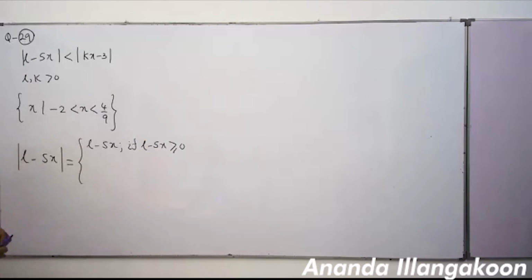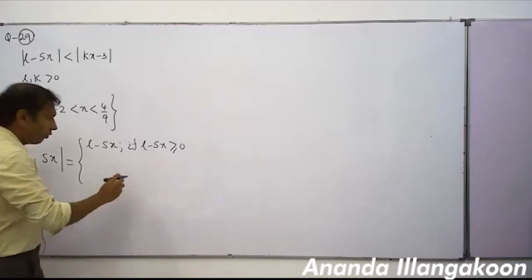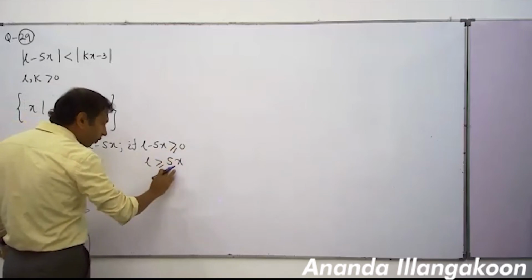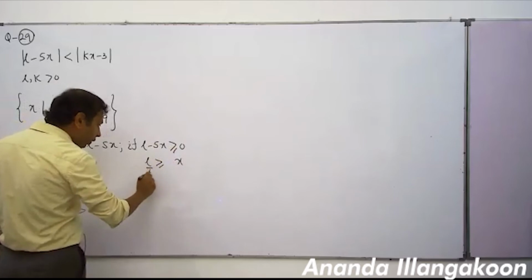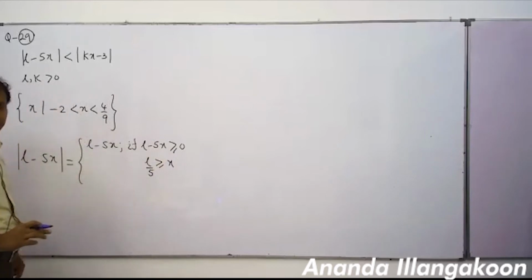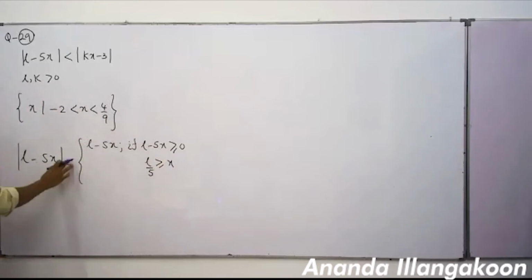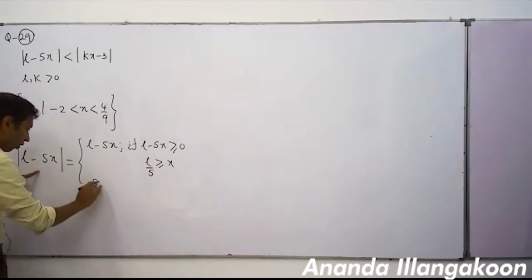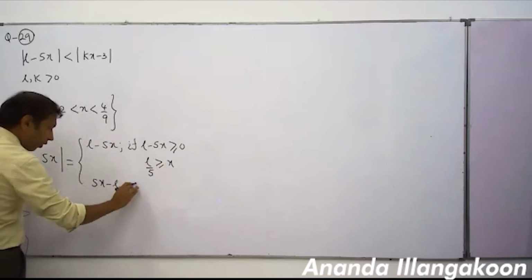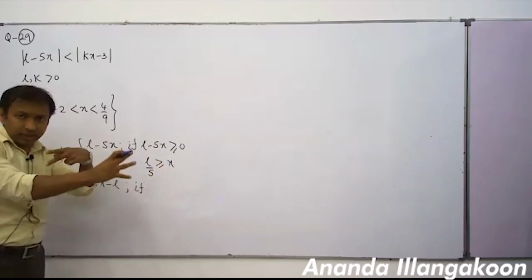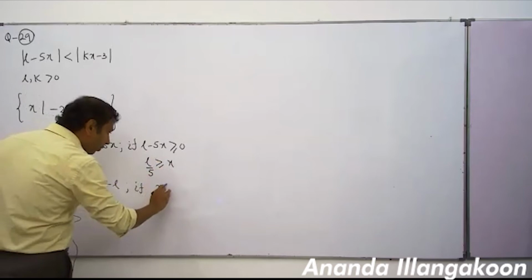This says, taking L to the right-hand side and dividing by 5, x is less than or equal to L by 5. Then the mod of this will be equal to the negative of this, that means 5x minus L, if x is in the other interval, that is x greater than L by 5.